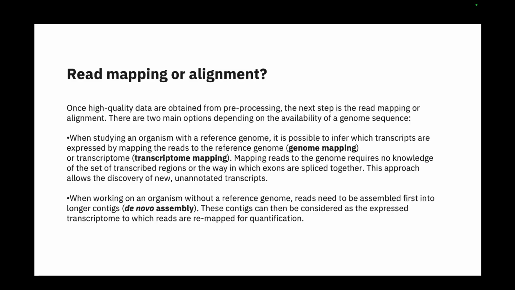So we rely more on read alignment. And if you are working on an organism without a reference genome, you have no other option, but the reads need to be assembled first into longer contigs, which is the process called de novo assembly, and these contigs can then be considered as the expressed transcriptome to which the reads are remapped for quantification.